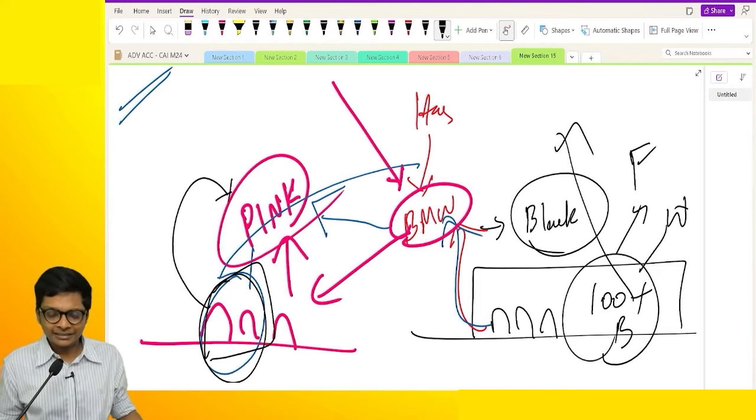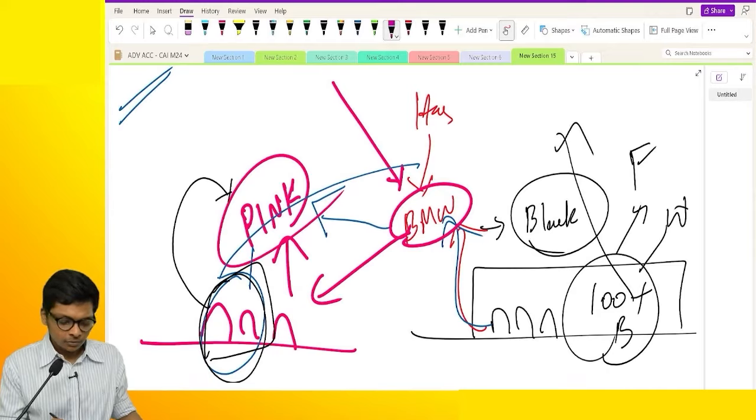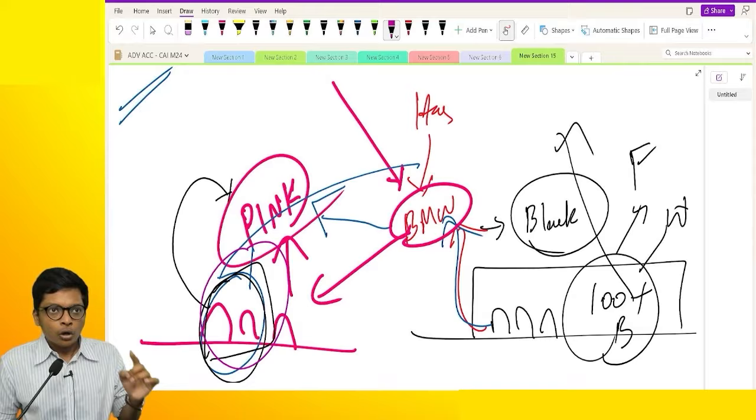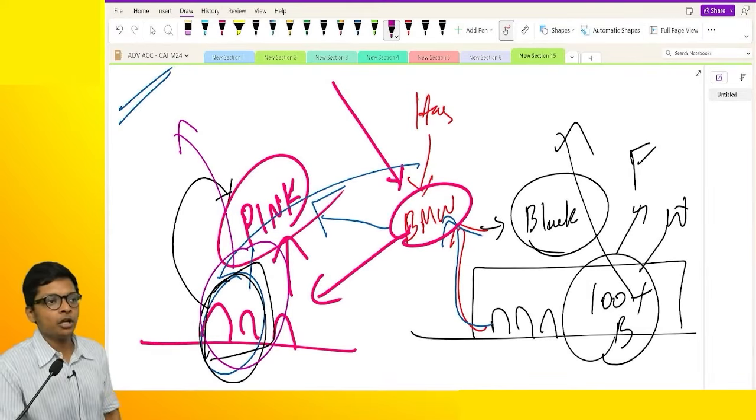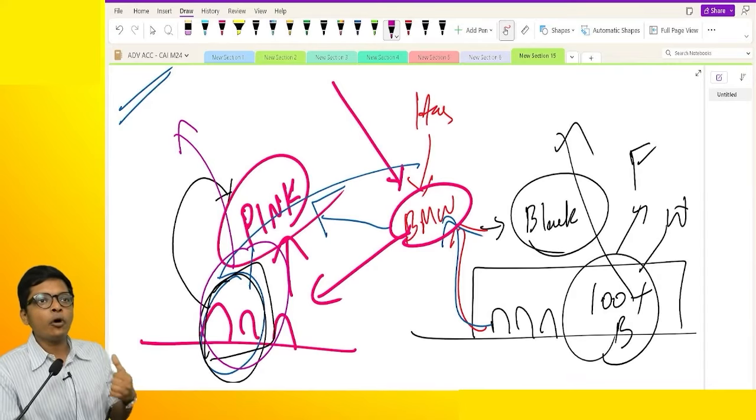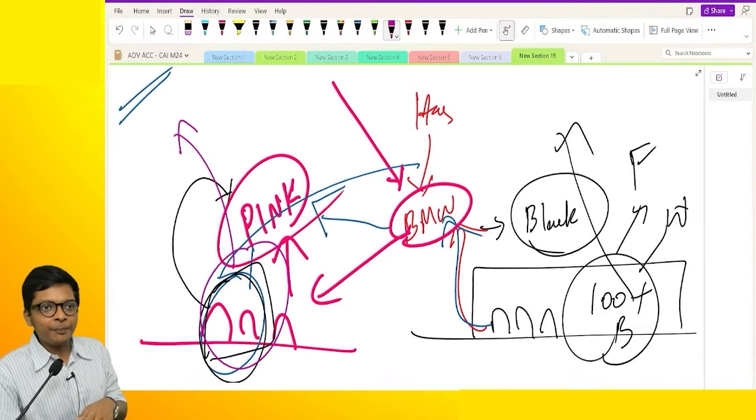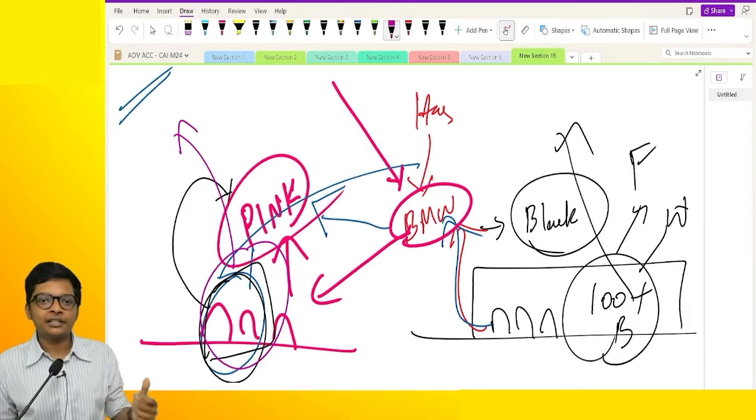Are you following, guys? But for pink paint, even if I purchased it at the beginning of the year or the middle of the year, do I have to use FIFO or weighted average? No need, because when I purchased, I can exactly identify the date of purchase with the price, correct? Even if I purchased the pink paint 3 years back and it is still in stock, do I have to use FIFO or weighted average?